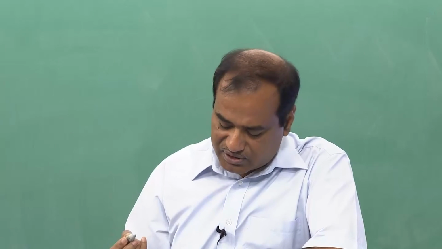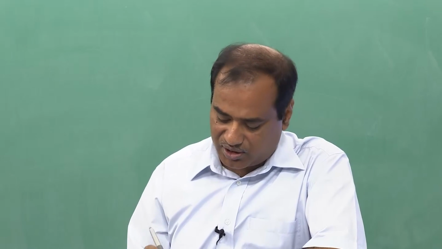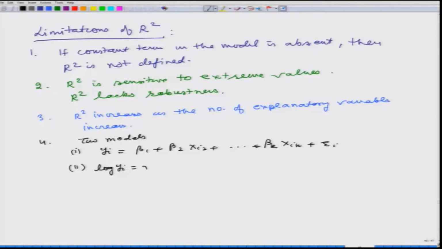Here I denote the regression coefficients by gamma 1, gamma 2, ..., gamma k in place of beta 1, beta 2, ..., beta k. So the model can be written as log yi equals gamma 1 plus gamma 2 xi2 plus ... plus gamma k xik plus some random error component epsilon i.